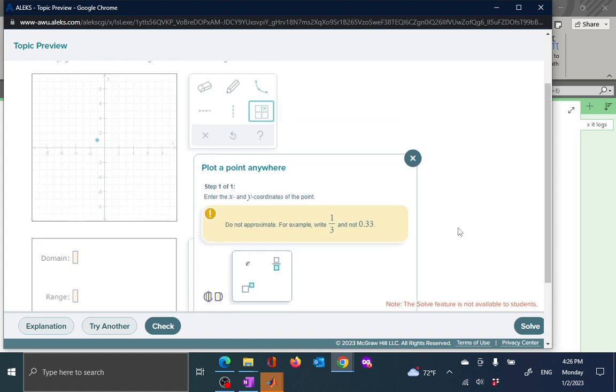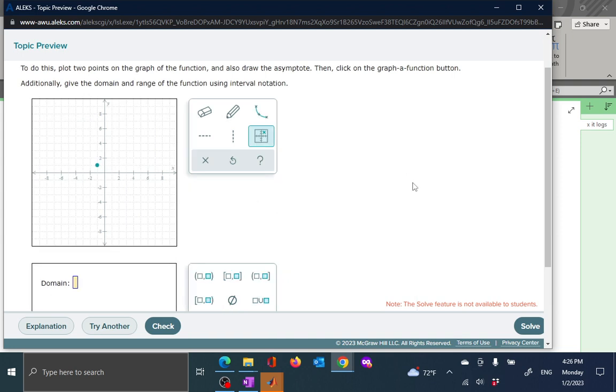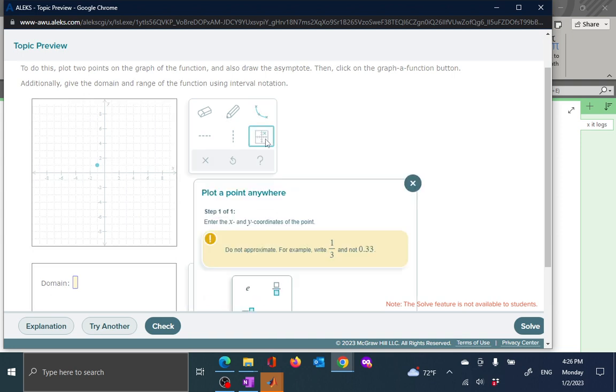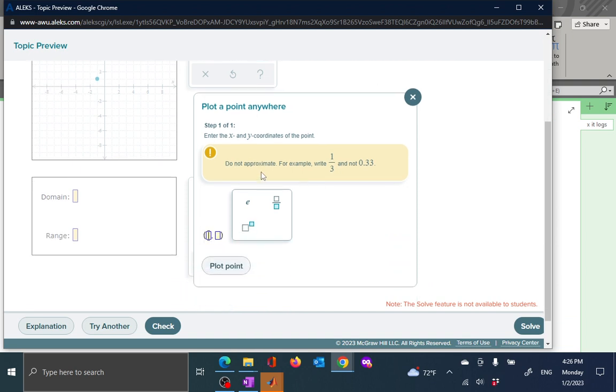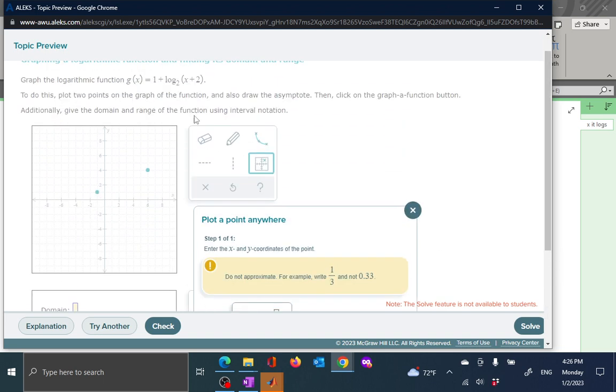In case we change our mind, we can always come back and undo. It says 2 points, so I try another one. Notice again here it says do not approximate, so essentially we cannot use a calculator for this. 6 and 4. Plot the point. So that point is here.